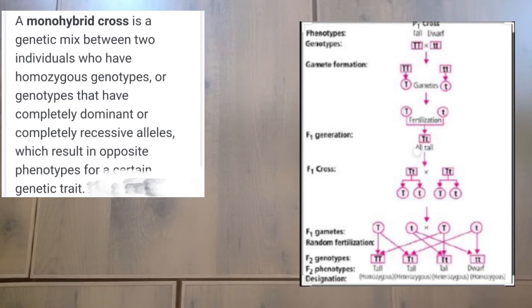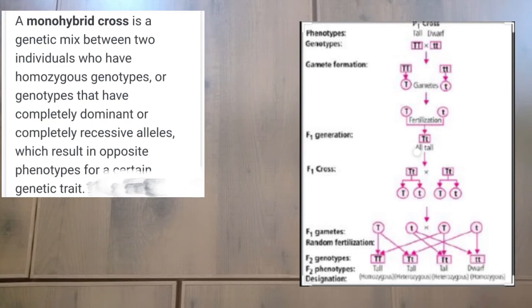When we cross a pure tall plant with a pure short plant, the gametes that we get are capital T, small t. When these gametes are crossed, we get the F1 generation.